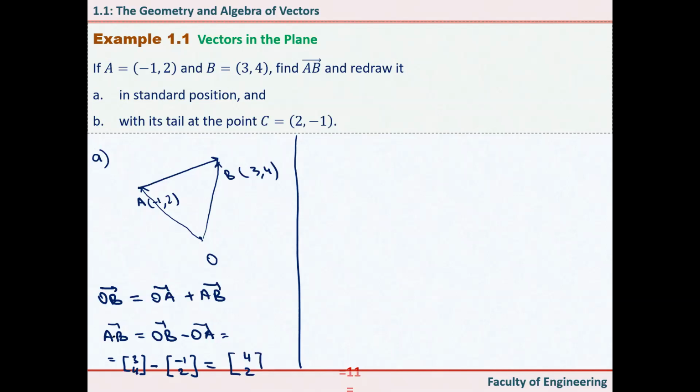So that is our vector AB. What is it in standard position? That is (4, 2). It's already drawn here, so we don't have to draw it again. That is AB in standard position.